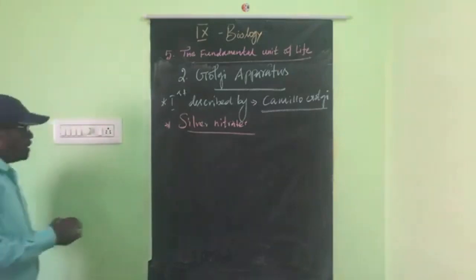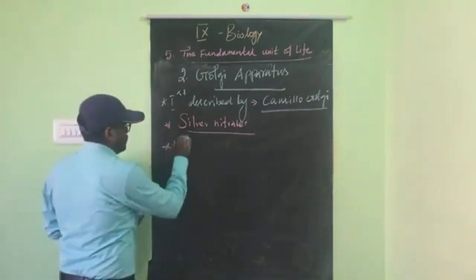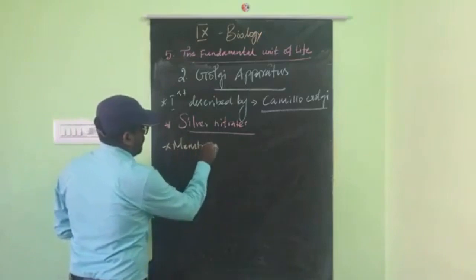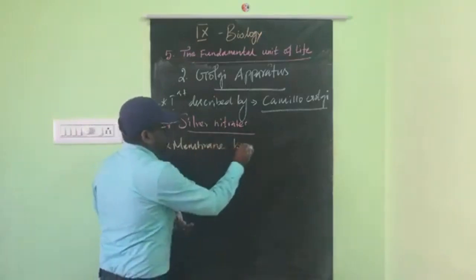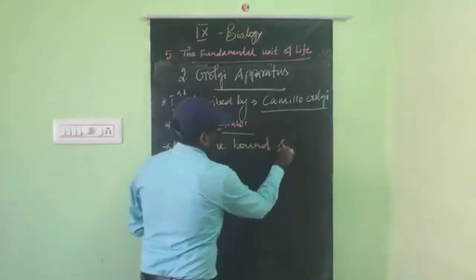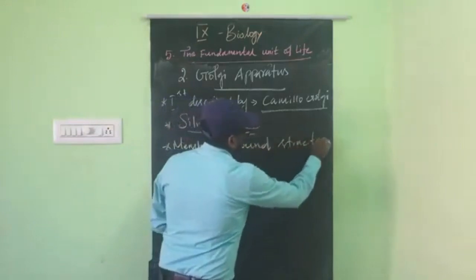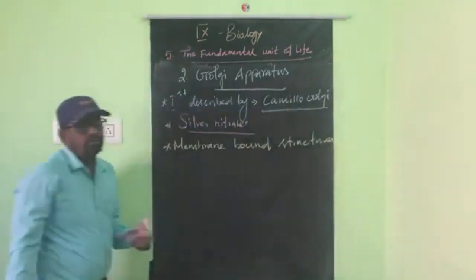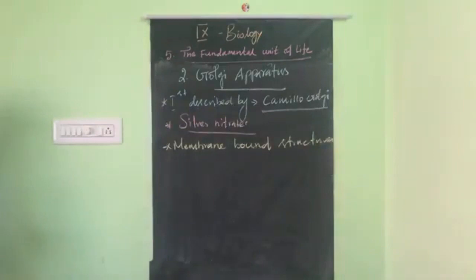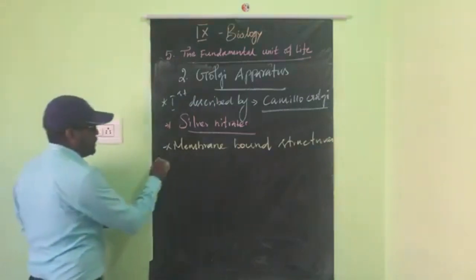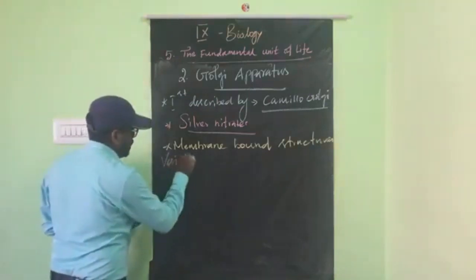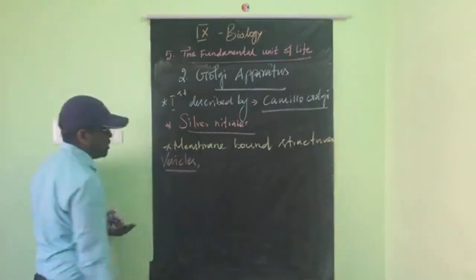Now, what are the characteristics of the Golgi apparatus? It is a membrane bound structure, because it is one of the cell organelles, no? Or it is made of membrane bound vesicles. What are vesicles? We have already seen, a bag-like structure.